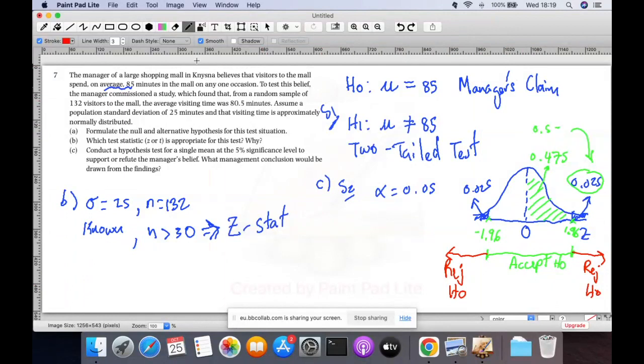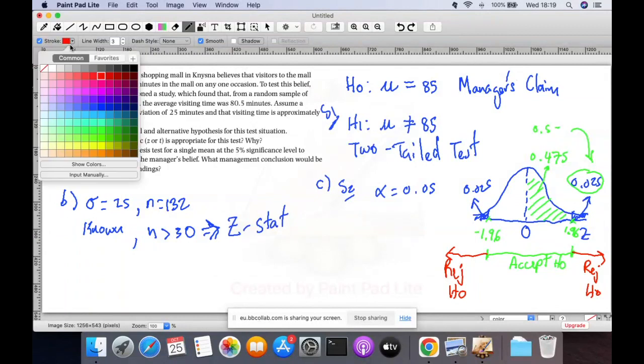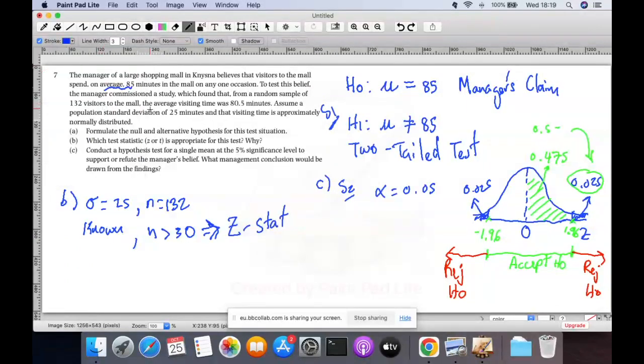All right, now step 3 is a bit more of calculation. Okay, so I'm going to go back to my colors. Blue. All right, so now we're done with step 1 and step 2. Let's go to step 3. Step 3 is calculate the test stat. Now the formula for your test statistic is in your formula sheet. You don't need to memorize it. Remember what we said in question B. We said we're going to be using the Z stat. So that means we need to use this formula.